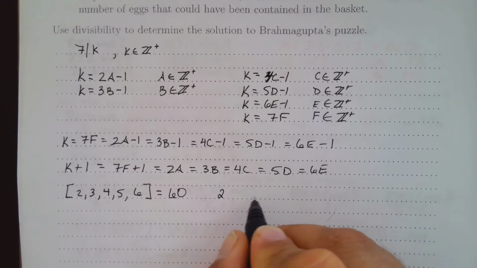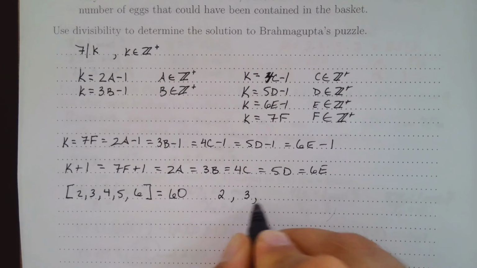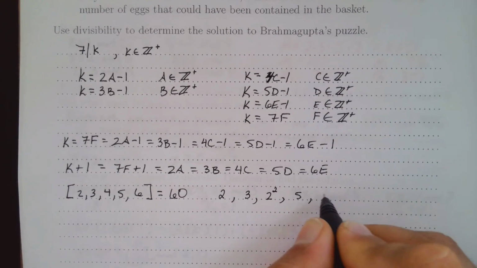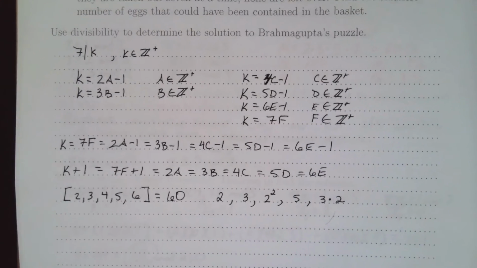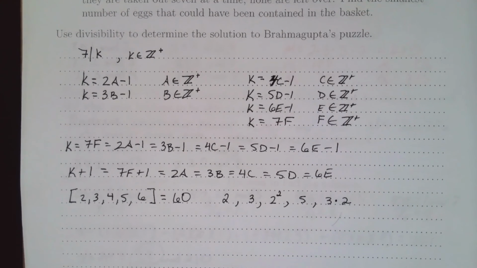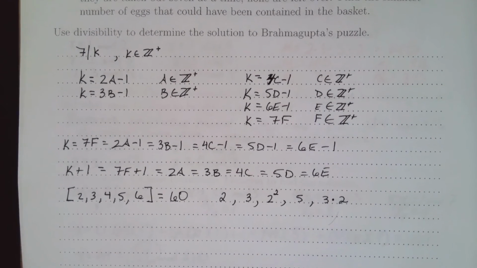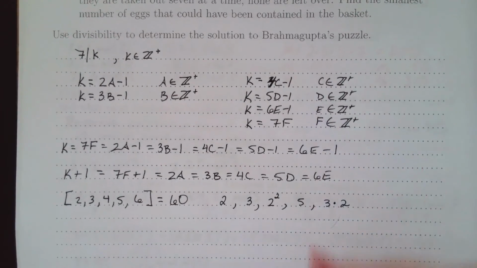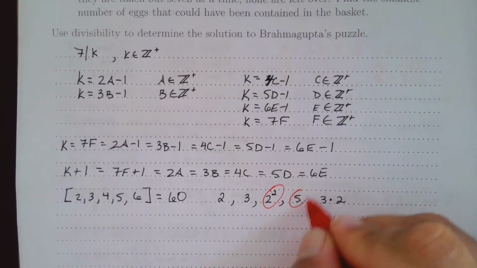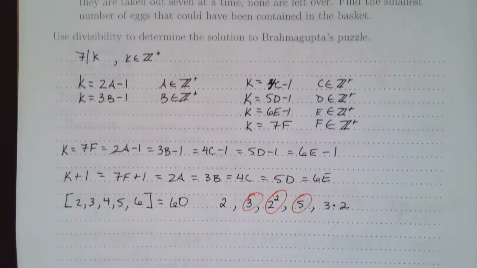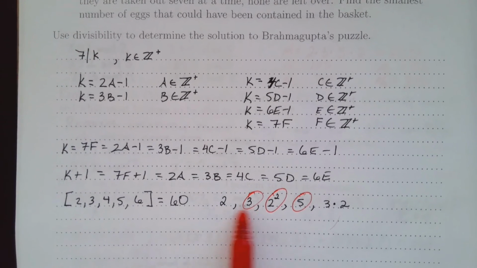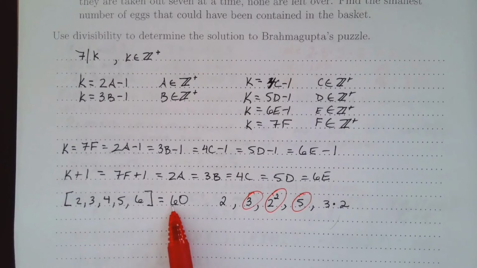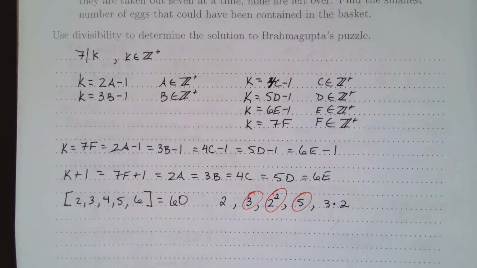Well, I have 2, I have 3, I have 2 squared, I have 5, and I have 3 times 2. So my least common multiple is going to be given by taking my highest powers of my prime factorizations of each of my numbers and multiplying them together. So 3 times 4 times 5, that's my least common multiple, which is 60.